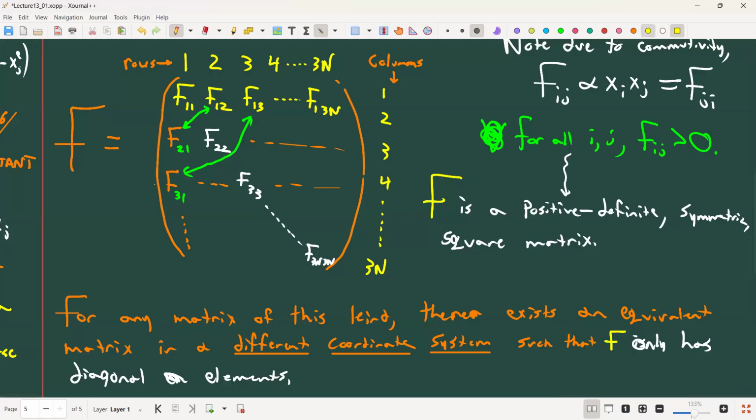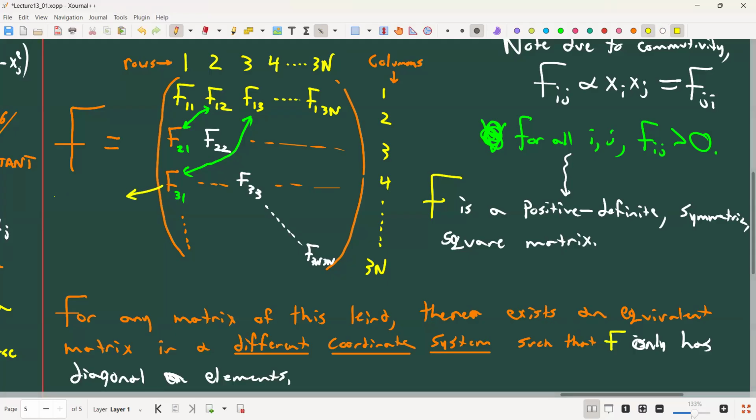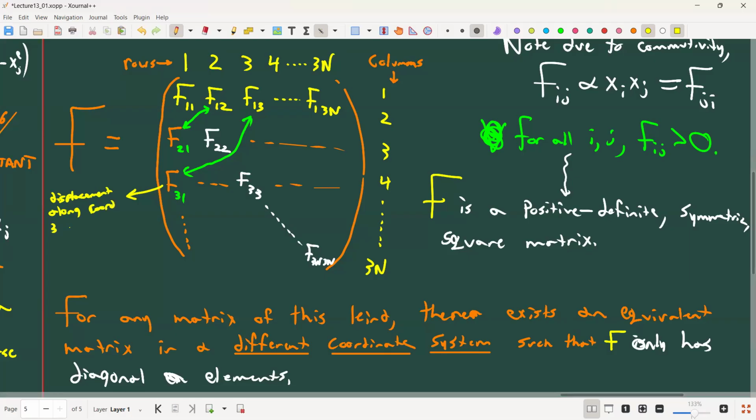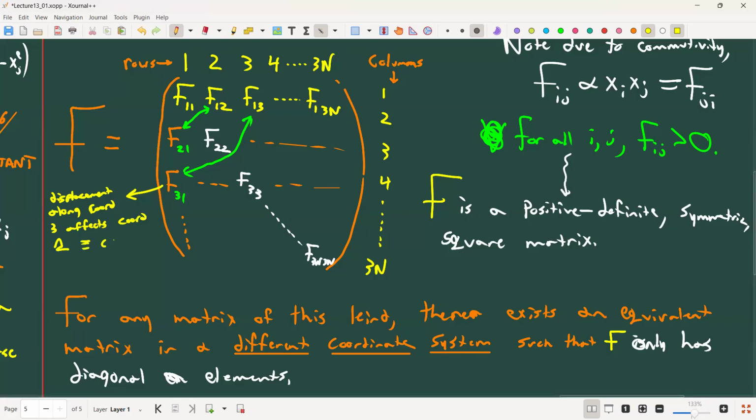So I'll write that here just to kind of clarify. This means displacement along coordinate 3 affects coordinate 1. Right? So these are coupled motions, coupled displacements.